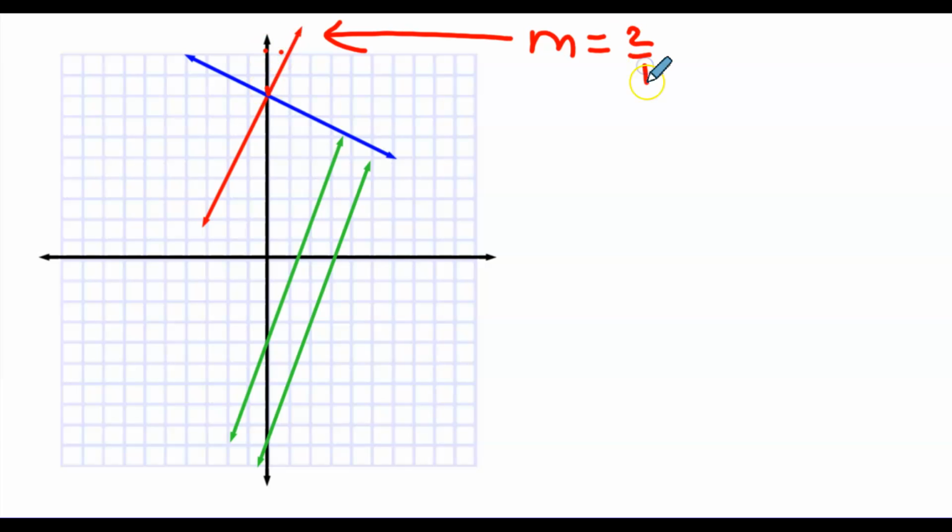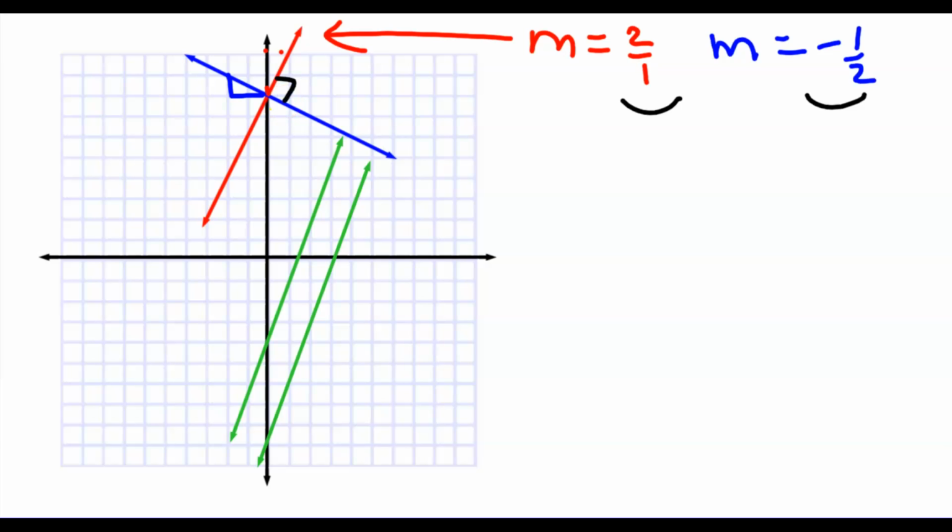This blue line has a slope, and I can just pick 2 points and count down 1 over 2. So because these two slopes are opposite and reciprocal, you could say that these two lines are perpendicular.